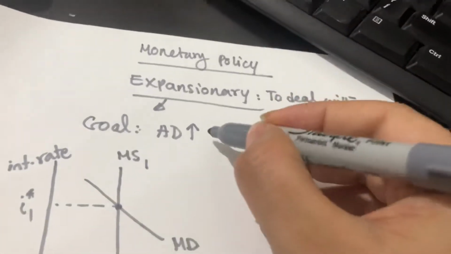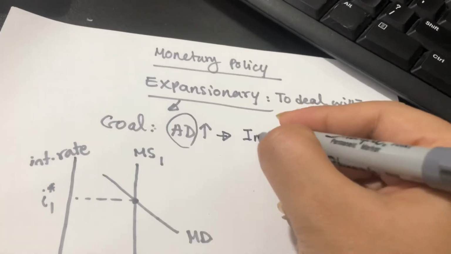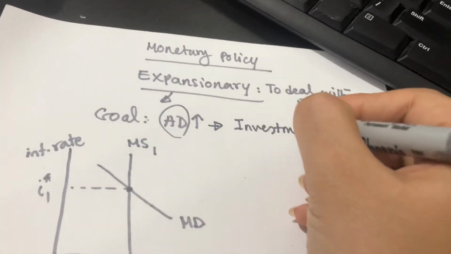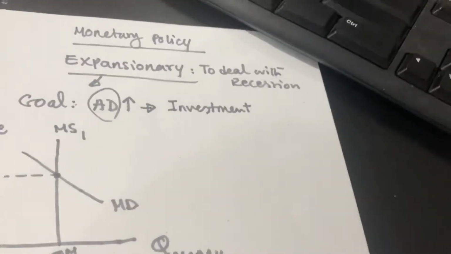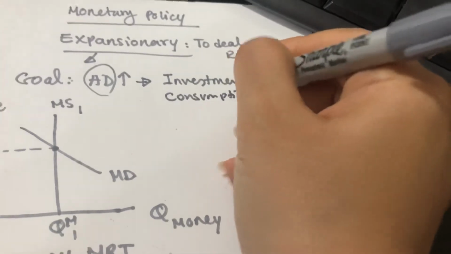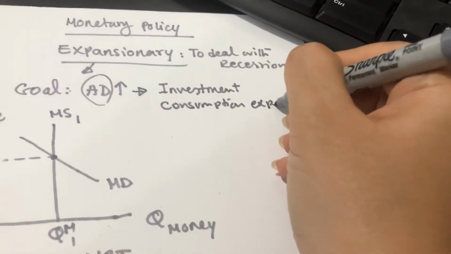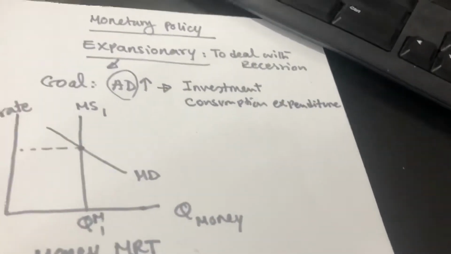Why? Because remember that one of the important components we have in aggregate demand is investment, right? We have investment, and also we have C, consumption expenditures, which is how much individuals spend, right?